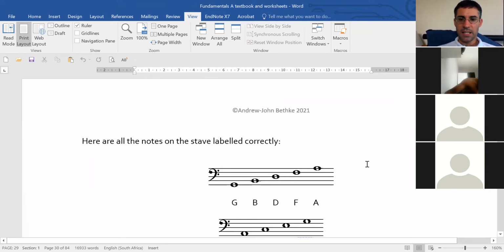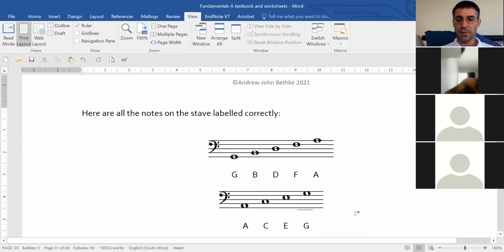Okay, we're going to look at these notes here. So do you see the note G here on the bass clef? Do you see how the note goes right through the middle of the line? Same with the B. The note goes right through the middle of the line.